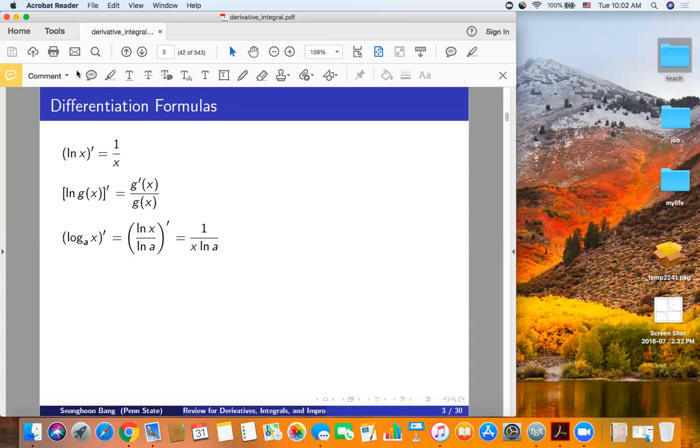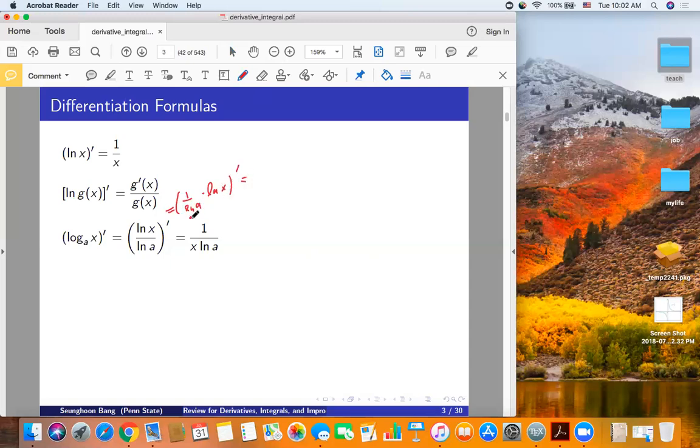Next, how can you find this answer? This part is exactly the same: 1 over ln of a times ln of x prime.